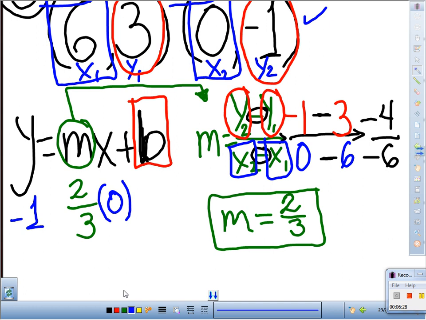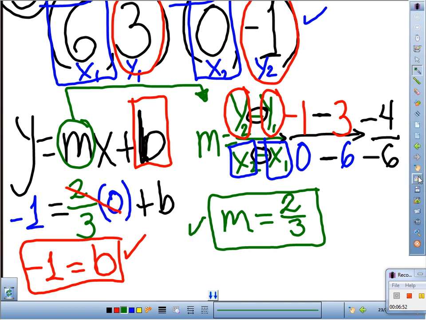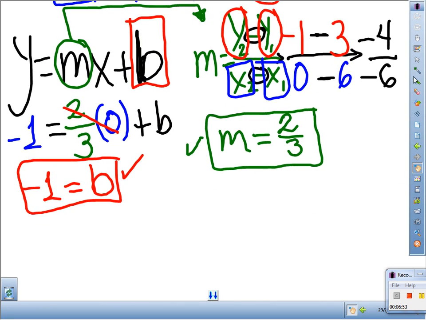I'm going to bring everything else down. Therefore, what is 2/3 times 0? 0. And what do we have left? -1 equals b. Do we have a y-intercept? Do we have a slope? Can we write our equation now?